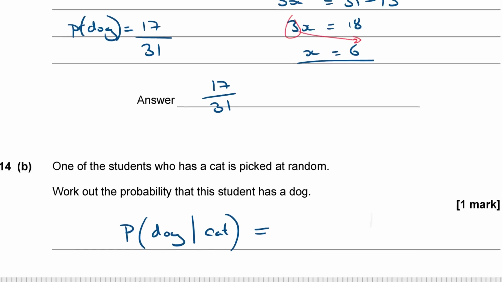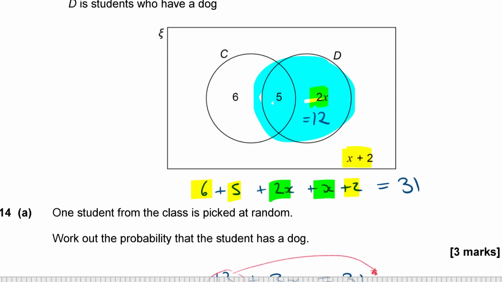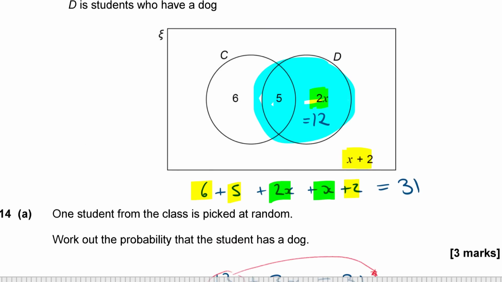Okay, now if they've got a cat, let's just tidy up this Venn diagram for a second. Let's just get rid of all that blue. If they've got a cat, then they're somewhere in here, in this purply bit. There are 11 people altogether in that purply bit.